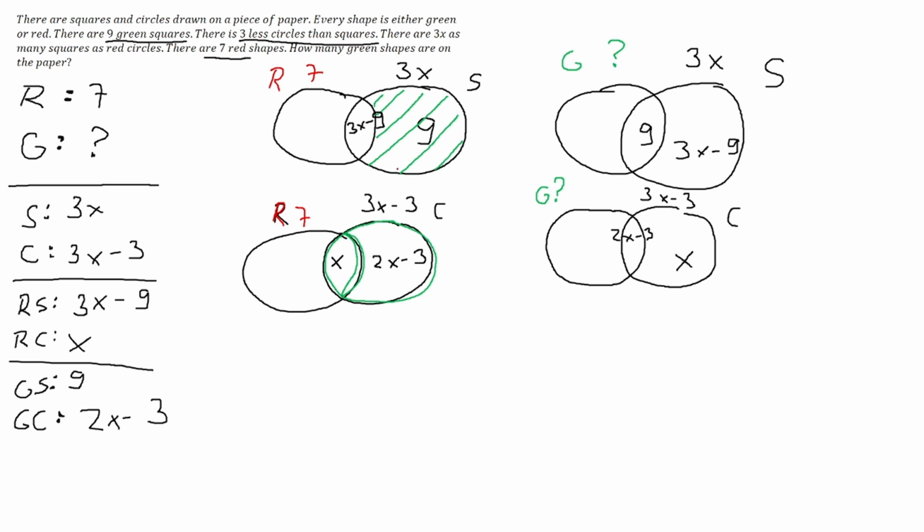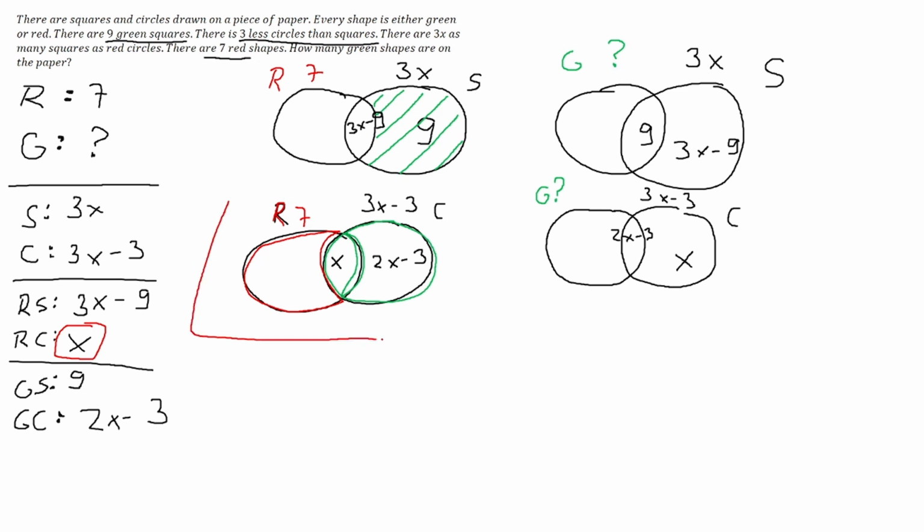So thanks to this Venn diagram right here, for example, we can solve the elements which are exclusive to this. Okay, so why is that important? Because our x is the representative of the red circles.